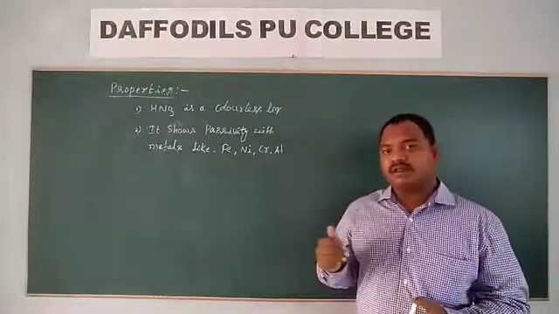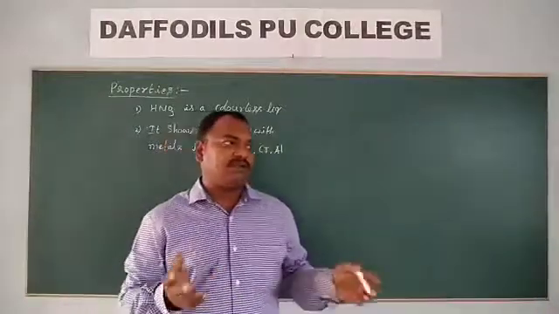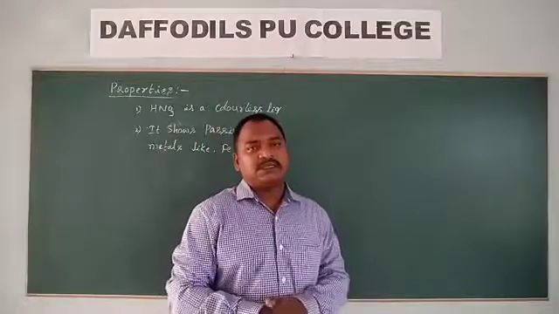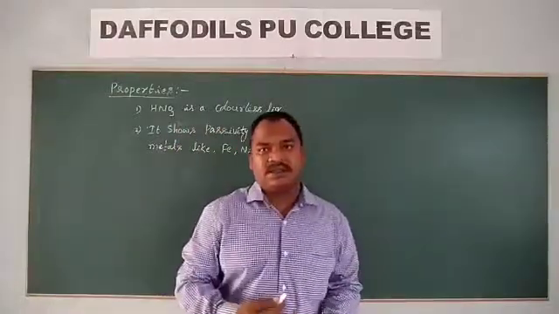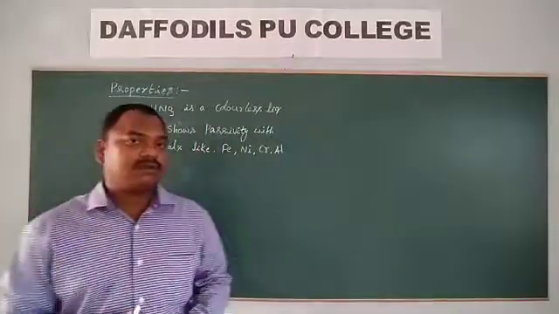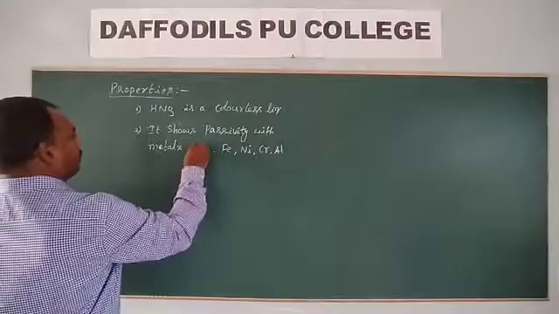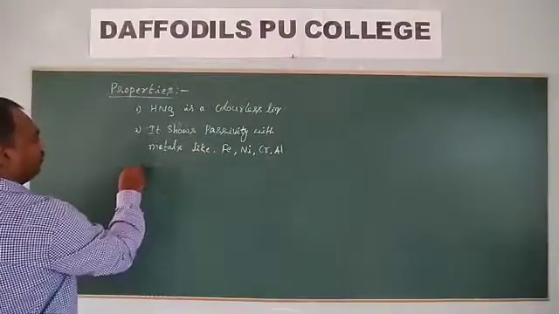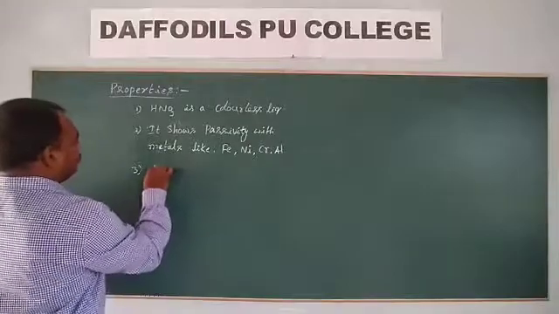So the inner layers show the passivity; only the outer layer loses its passivity due to the formation of the oxide layer. So that is about the passivity. Next we will look at another point.